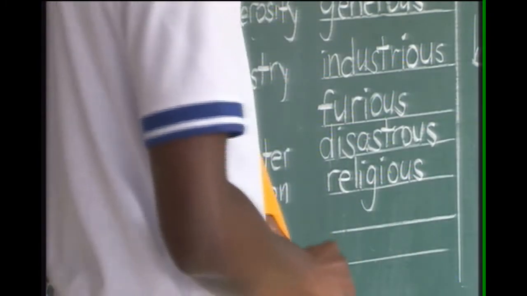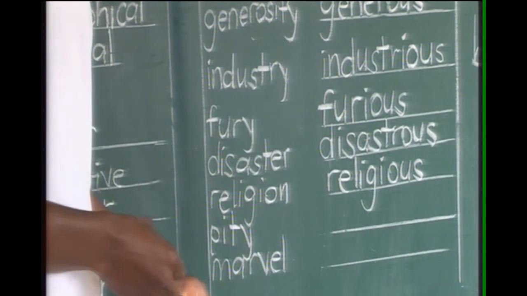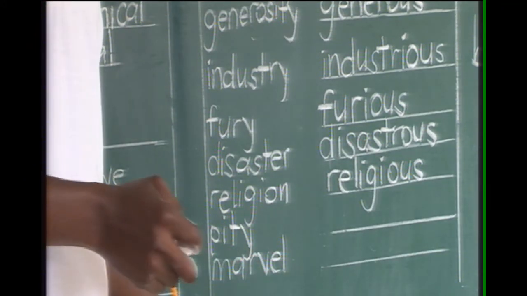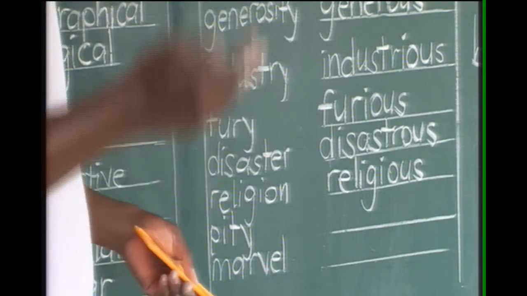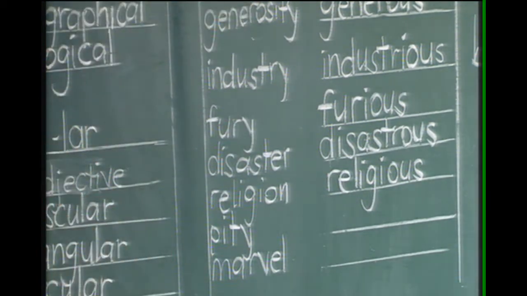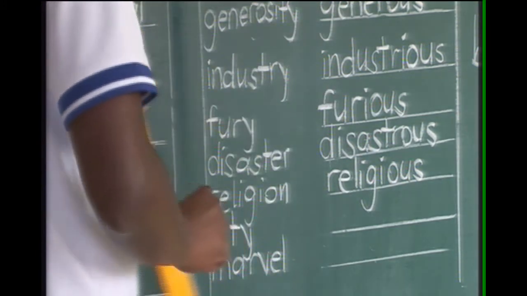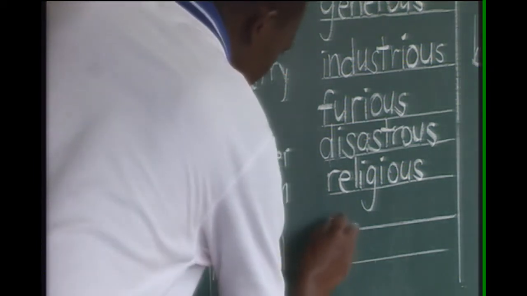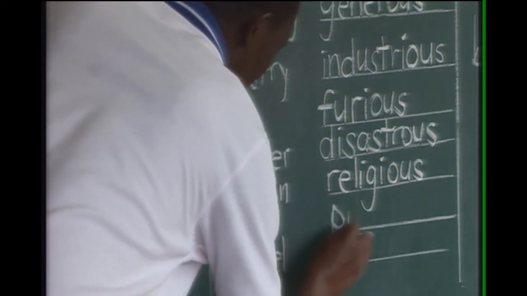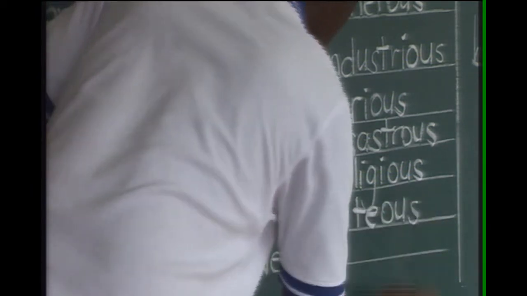Pity. Pity is a stubborn word. It's a noun itself, an abstract noun. But pity has around three adjectives that can be formed from it. From pity, following the same trend, suffix OUS, we form the adjective piteous.